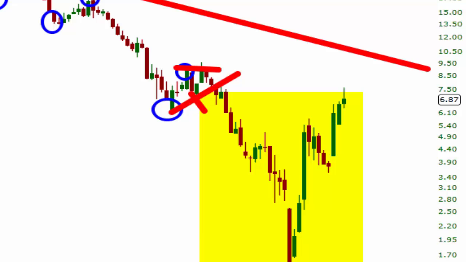You would have made plenty from, it was $7.50 here, and it went all the way down to $1.45. So, good example. Look for the higher highs and higher lows in a bullish trend, the lower highs and lower lows in a bearish trend, and that will help you navigate the turns in the market and limit your risk, as well as find really good opportunities like you saw in the example right here.